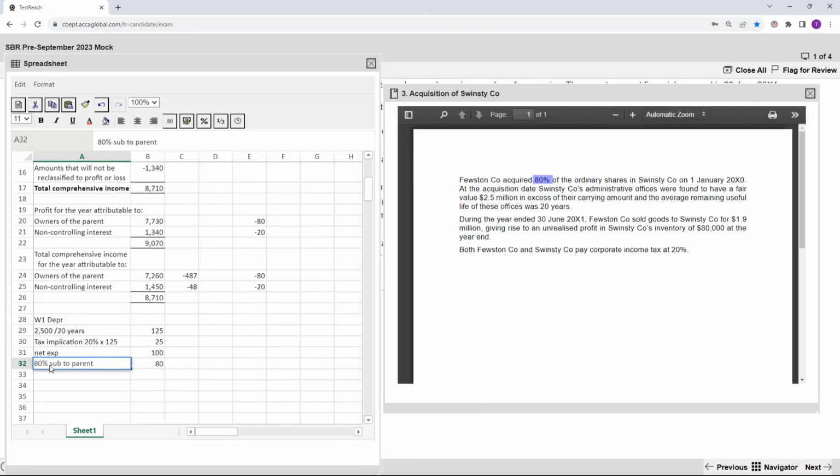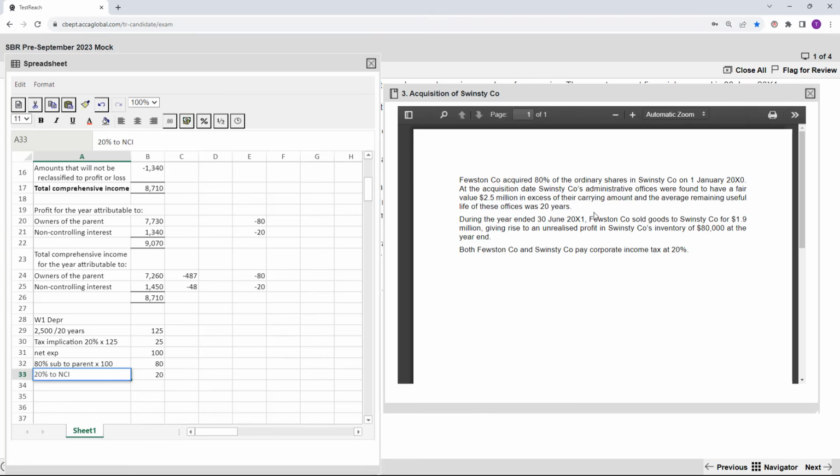It's not because I can't work it out, it's because I want to leave an audit trail in case I'm using the wrong number. So 20% to the NCI. So look, I'm leaving it there. 20% to the NCI. Right. I am still on Swinsty.